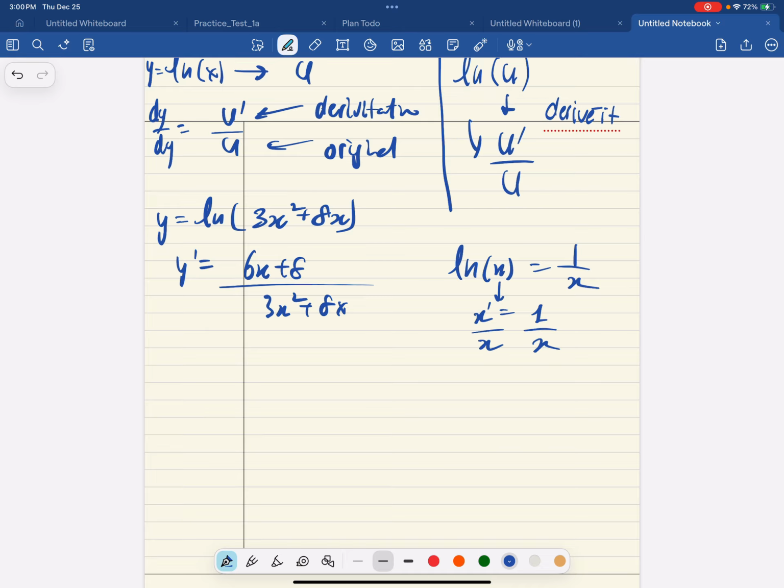The derivative of ln of x is equal to 1 over x, which is also something to memorize. You can go back and forth, but sometimes going back and forth you have to put an absolute value sign, but that's for unit 3.